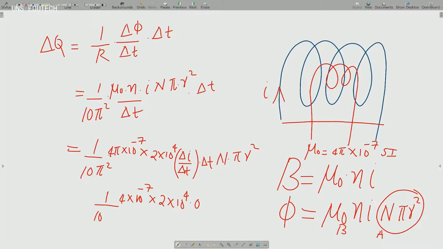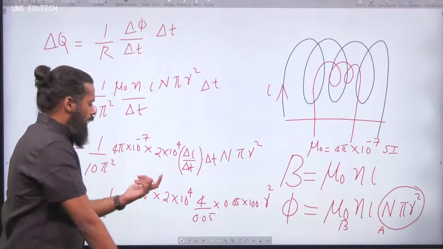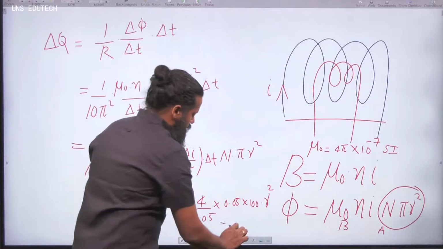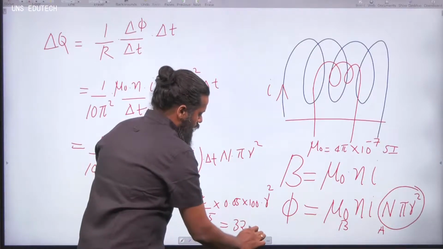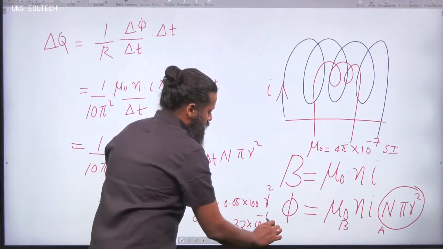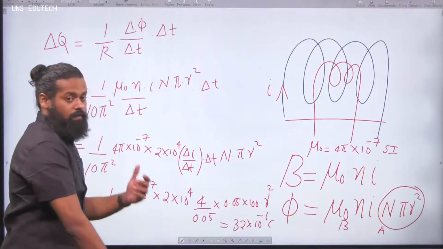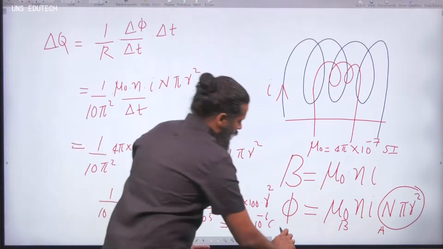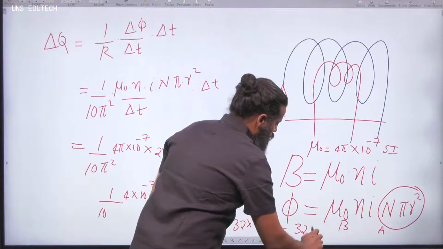So the change in current will be 4, divided by 0.05 seconds, into 0.05 into 100 into r square. R is 0.01, square you can multiply. If you are solving all the answers, you will finally get 32 into 10 to the power minus 6 coulomb, or you can say 32 microcoulomb. The answer will be 32 microcoulomb.